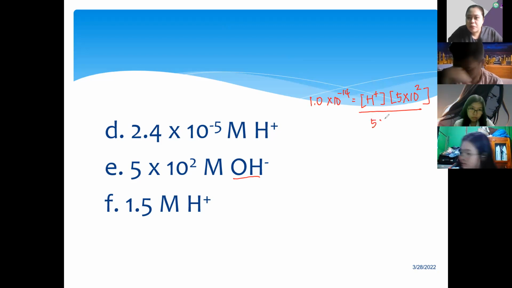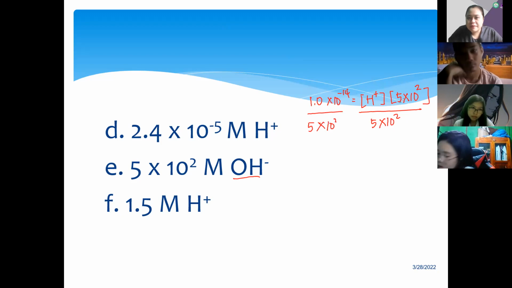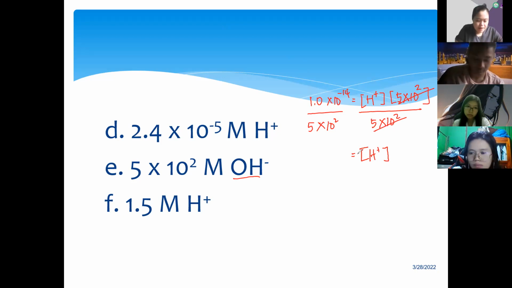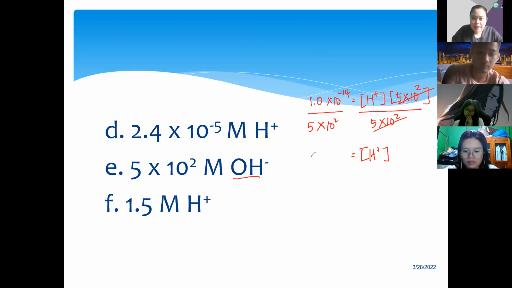So divide both sides with this one. Cancel this. The H plus concentration will be 1.0 times 10 raised to the power of -14 divided by 5 times 10 raised to the power of 2. So the answer, yes, is 2 times 10 raised to the power of -17.